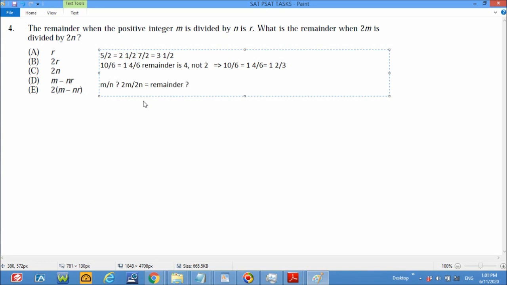And the point is that the quotient, or result, will be the same, of course, but the remainder will be different.